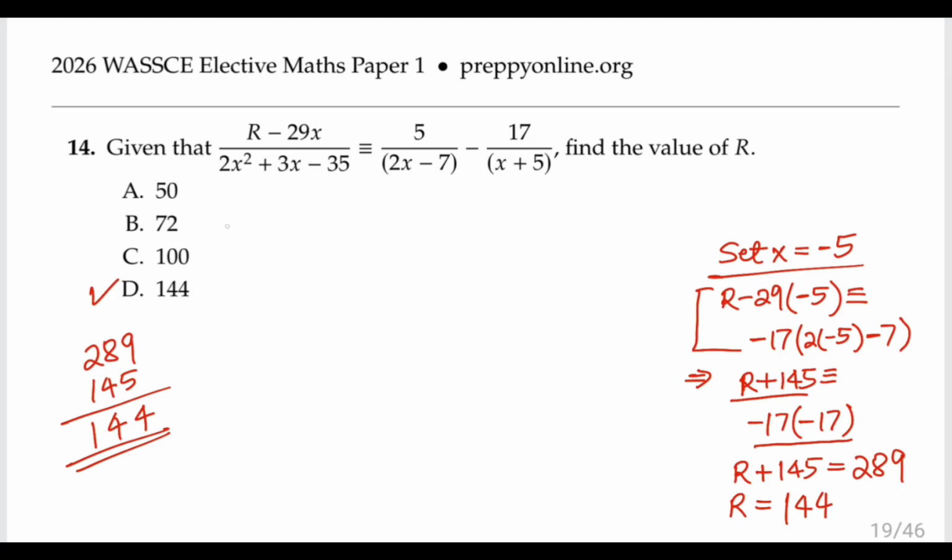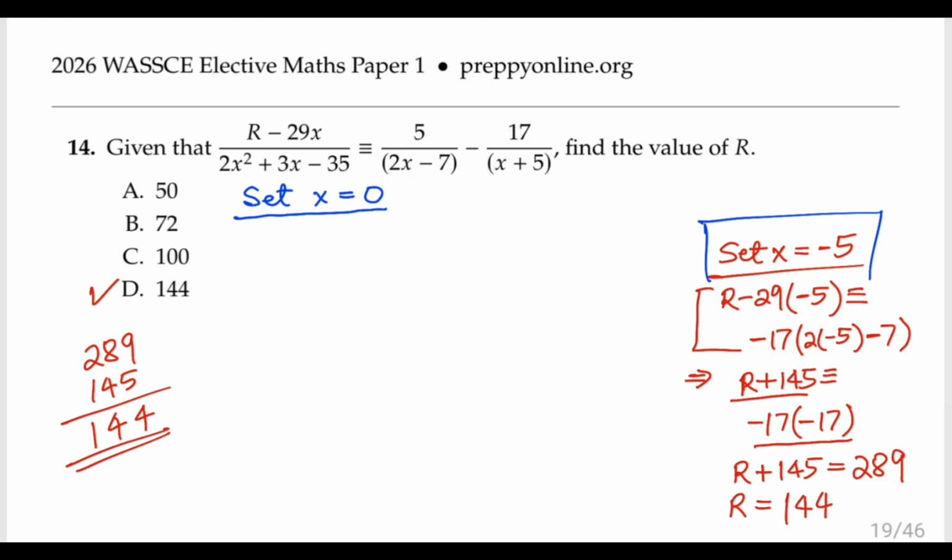What we just did, we set x equal minus 5, but now let's set x equal to 0. The reason setting x equals 0 may be good is that there are a lot of terms with x here. This has x, this has x, this has x, this has x, this has x. So wherever you have x, x is just going to vanish if you set x equal to 0.